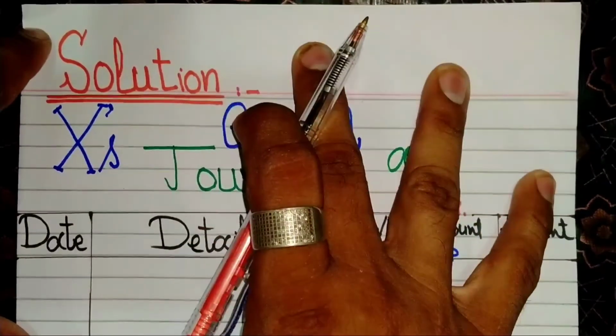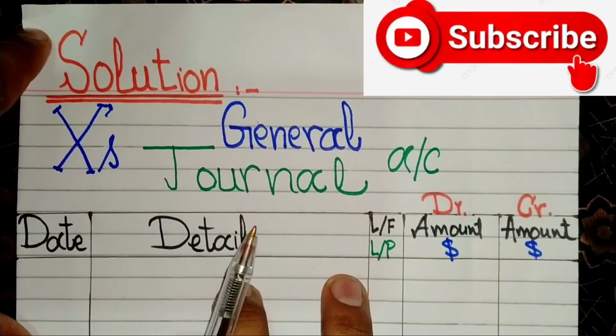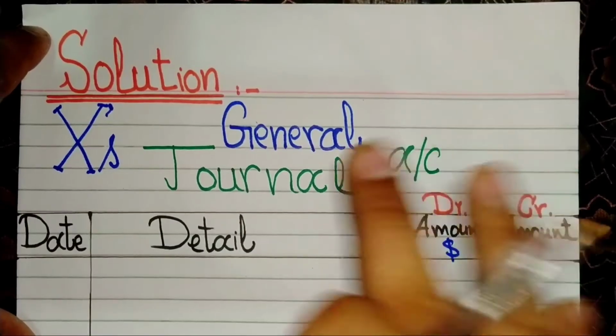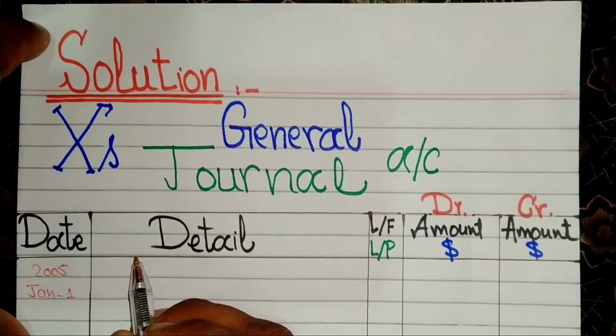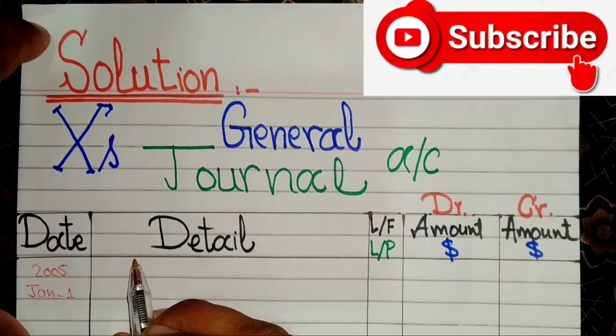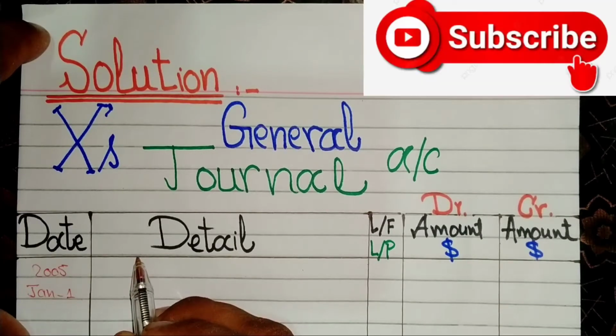This is the format of journal account in which we will enter the transactions in the form of entries.